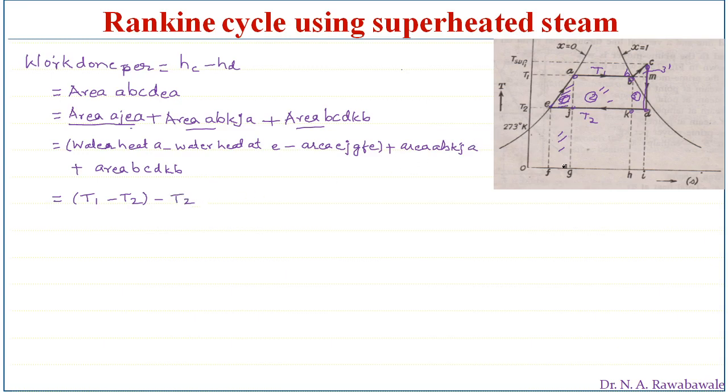So this height, the distance from the x-axis to this point J, is T2, into, in bracket, Sj, actually entropy at point J minus entropy at point E, which gives us the width of the rectangle. So entropy at J is nothing but entropy at A, Sa, minus Se, we can write.